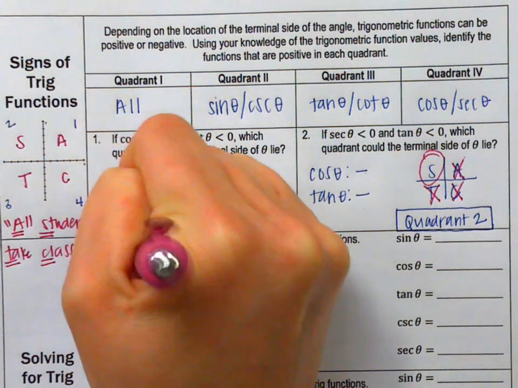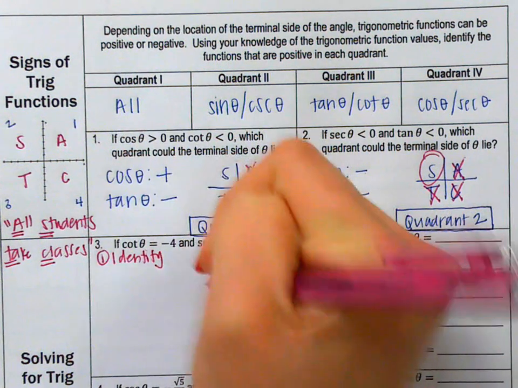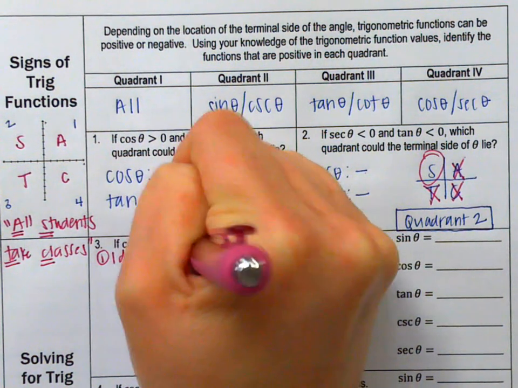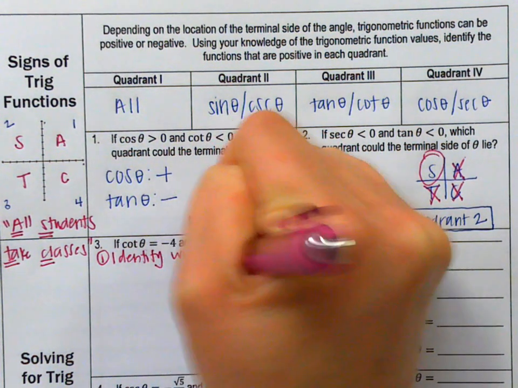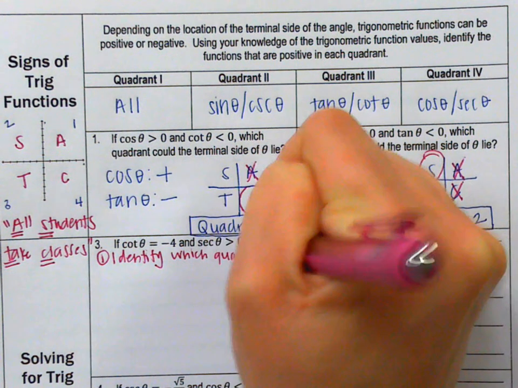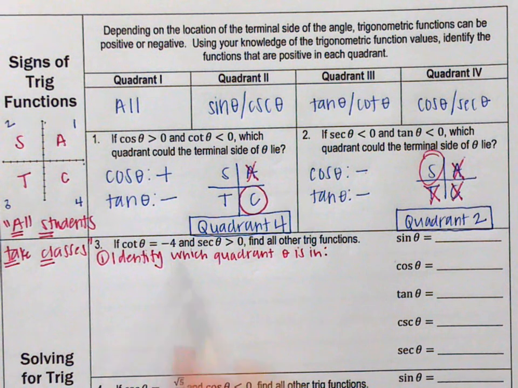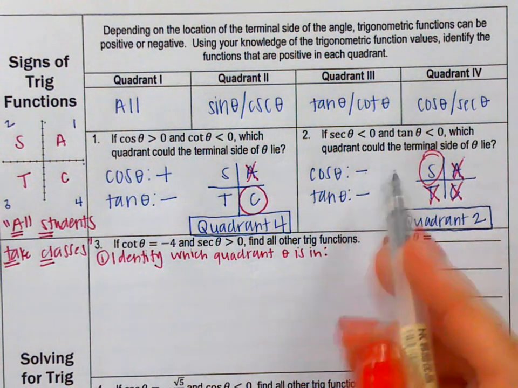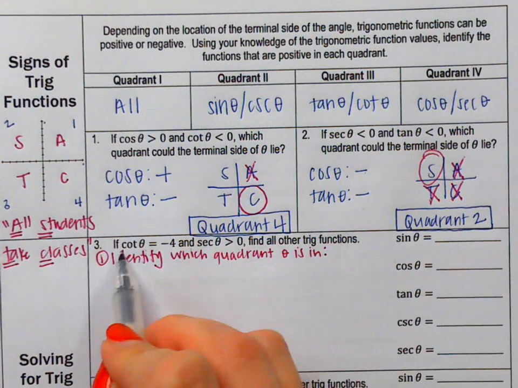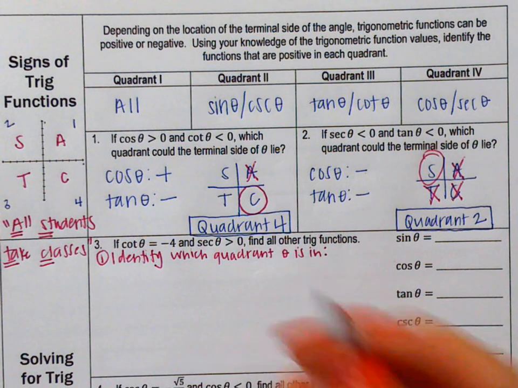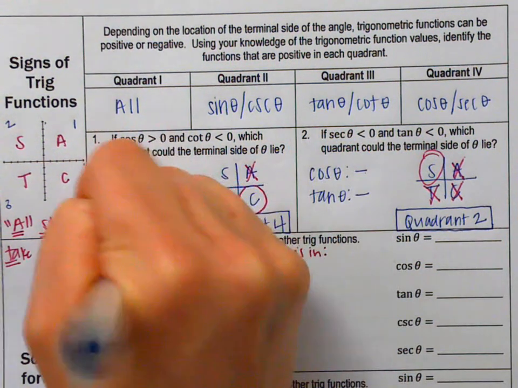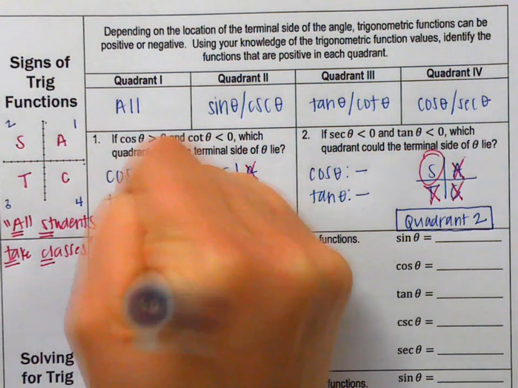Identify which quadrant theta is in. And we do that basically how we did up in example 1 and 2. So it's telling us cotangent theta is -4, which tells me, okay, tangent theta is negative.